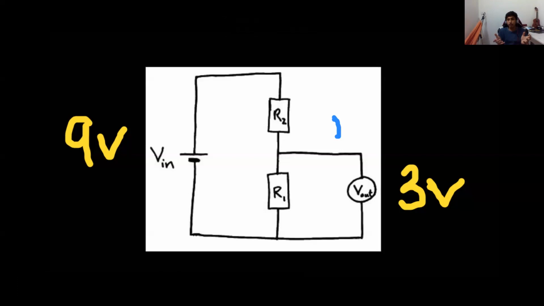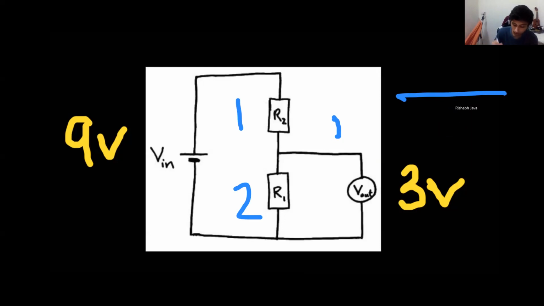And the way it does that is it divides it as per the ratio of one resistance to the total resistance. Though that sounds complicated, it means that if one resistor is 1 ohm and the second resistor is 2 ohm, the total resistance in the circuit is 3 ohm, right?